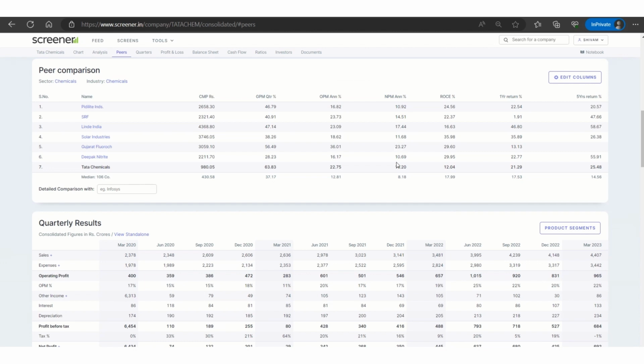Okay. Now let's go to ROCE, return on capital employed. Now the return on capital employed for Tata Chemical is less than industrial median, which is not a good sign, which basically means Tata Chemical is not able to generate enough returns for the amount of money they have put in the business. Now wait, you can't just really say that, because you are right now seeing ROCE for the current year.